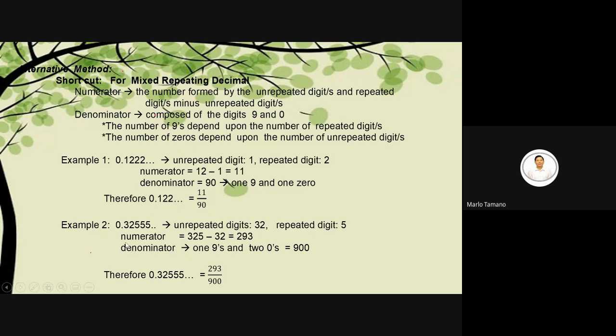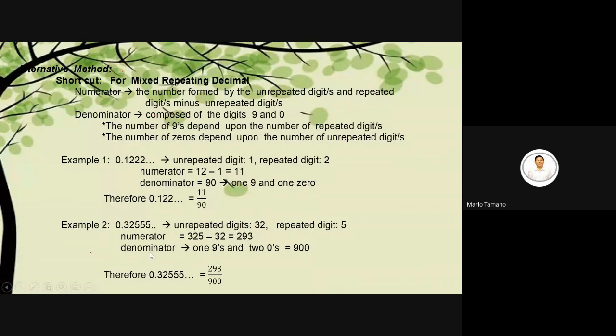Ito, number 2. Ang unrepeated digit natin ay 32. Ang repeated digit natin ay 5. Ang hindi nauulit ay 32. Ang nauulit ay 5. Okay? So, ang numerator ninyo ay 325. Bawasan ninyo nung unrepeated digit na 32. Ganun lang pala ang sistema. Opo. Then, 293 na lang naiwan.